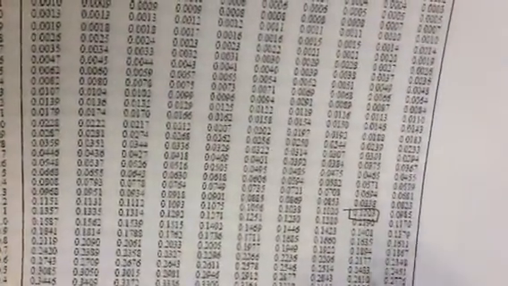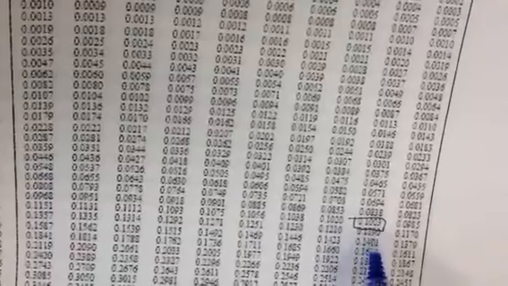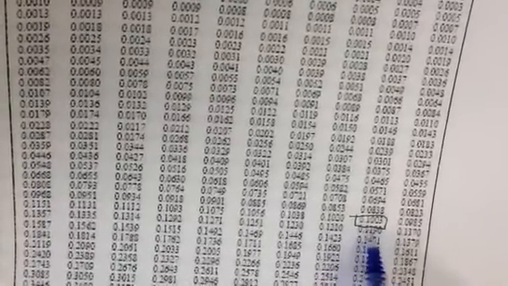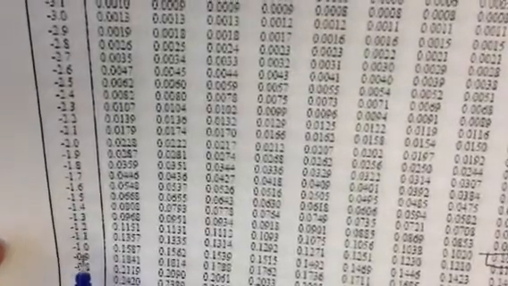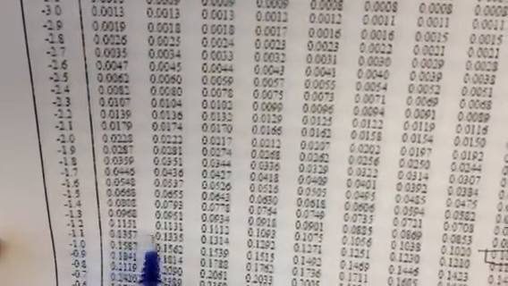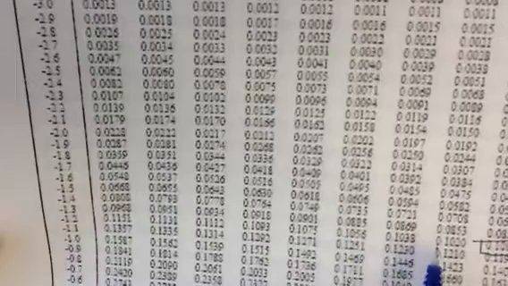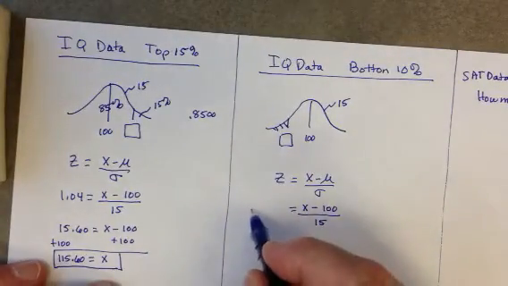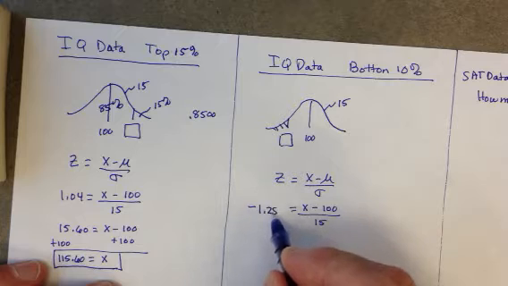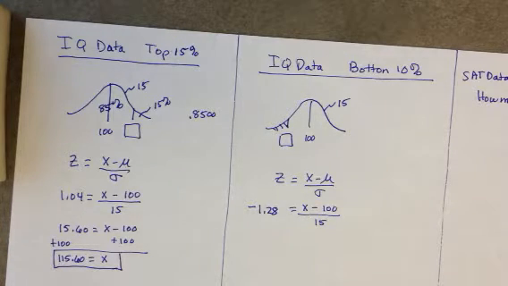And I'm looking for the value of 0.10, which is 10%, and when I read across, it's hard for you to see this, but this is negative 1.28. Notice it's negative when we're to the left of the mean.